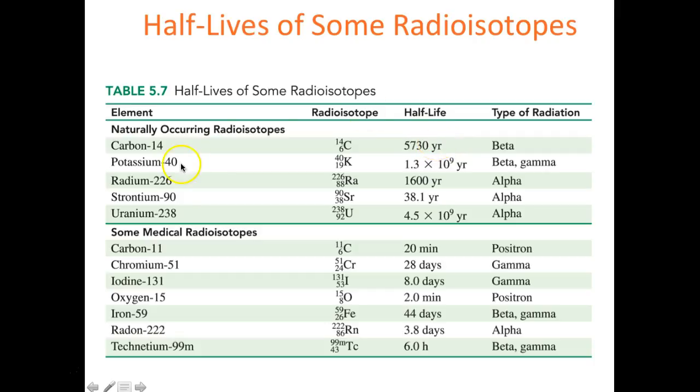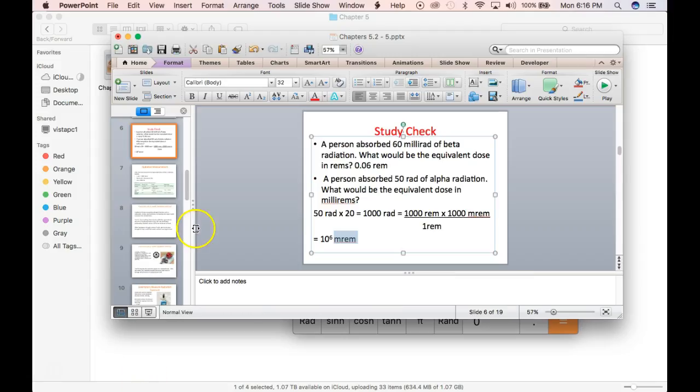Uranium is used in nuclear reactors to harness nuclear energy. So that ends this section 5.3.